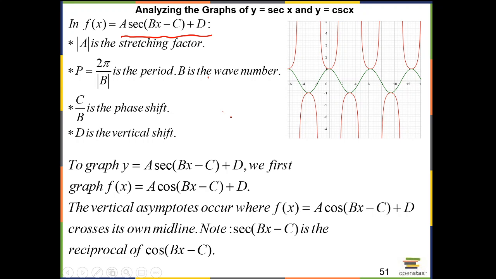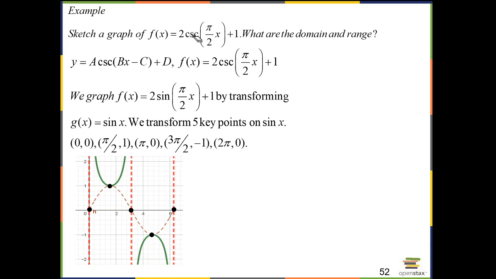All right, so let's do an example. So here is the graph we want to graph. We are going to graph 2 sine pi over 2 x plus 1, right? And we know how to do this. We transform the 5 numbers from the sine function, right? So this is the graph of just sine x.